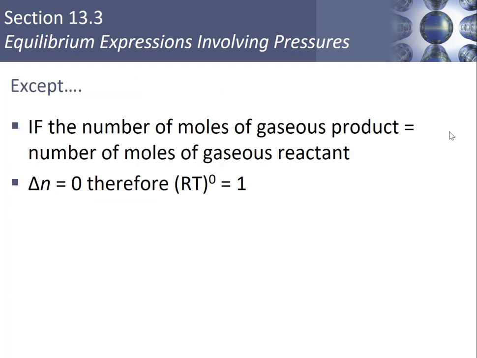Well, it works out to be 0. And RT to the 0, anything raised to the 0 is 1. So if we think about it, our expression gets really easy, and Kc does actually equal Kp. Okay, so let's try our last 2 problems and then we're done.